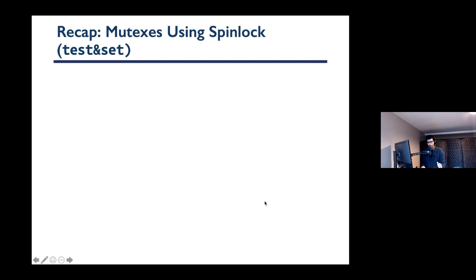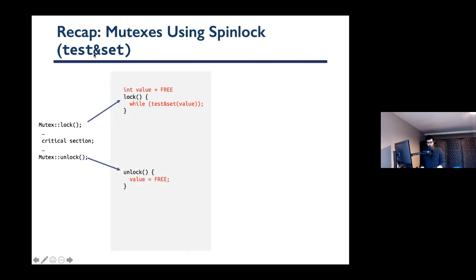Then we said, okay, how do we support multiprocessors? That's where we introduced the Spinlocks. We implemented the Spinlocks with test and set. So again, a naive implementation was to just do lock: while test and set value, and then unlock: value free.